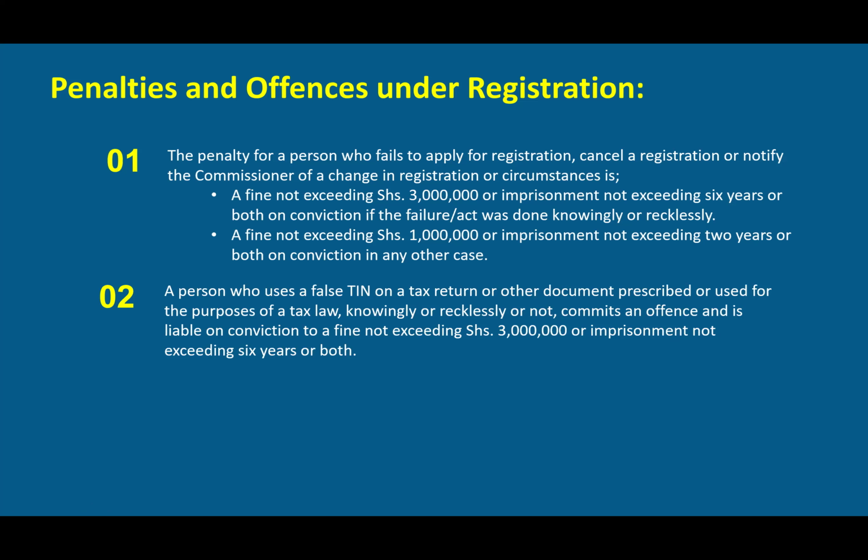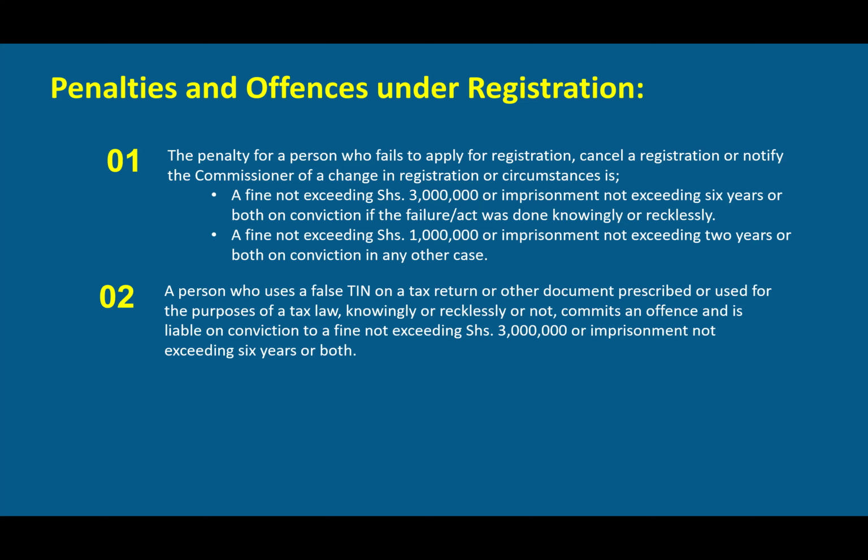Penalties and offenses for false use of a tax identification number on a tax return. That's why I was saying that if you're working on a client, get the certificate, get a copy. I cannot start on you if I don't have your certificate of registration.